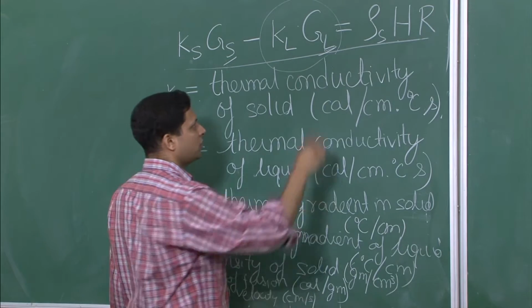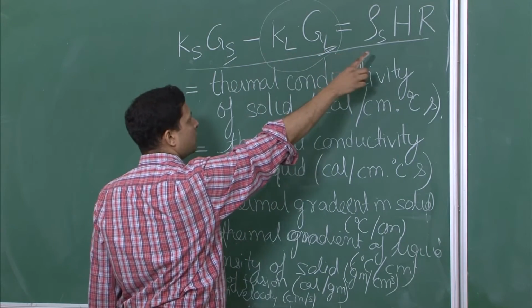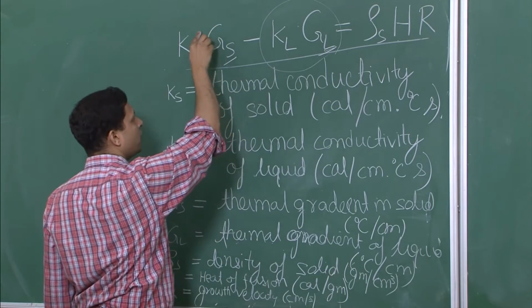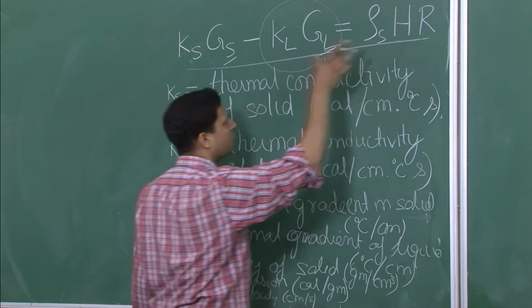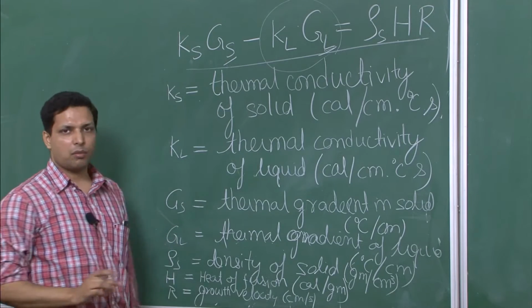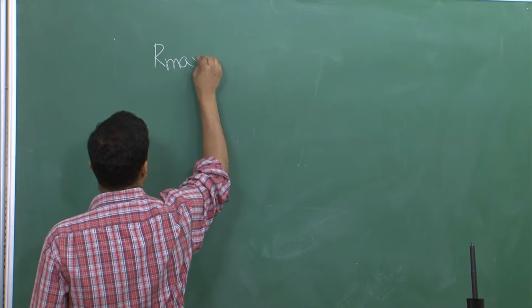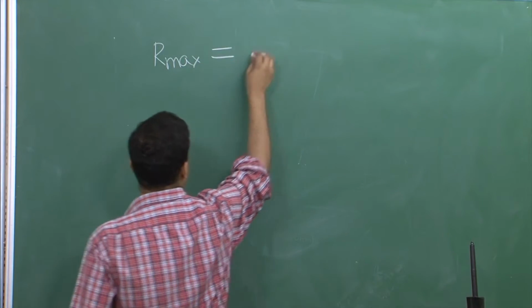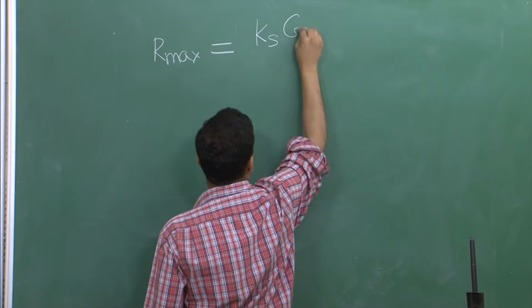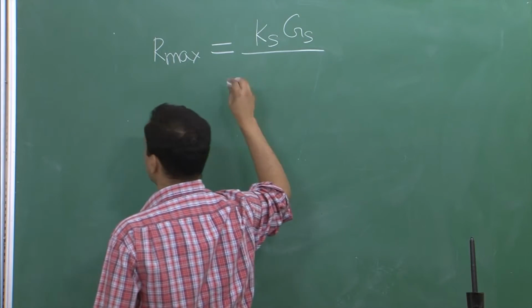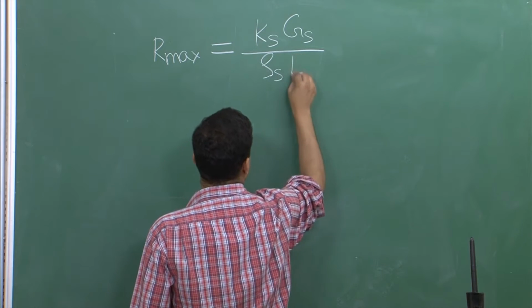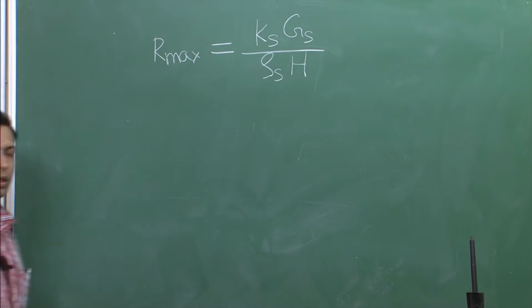So, if you reduce this GL to 0, so Gs rho S H R, which is this quantity minus this quantity, this will be the maximum that you can obtain, and that will give you the maximum R value, and therefore R max can be given by Ks Gs by rho S H. So, this gives you the maximum growth rate velocity that can be obtained under given conditions.